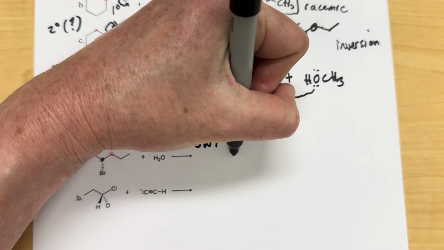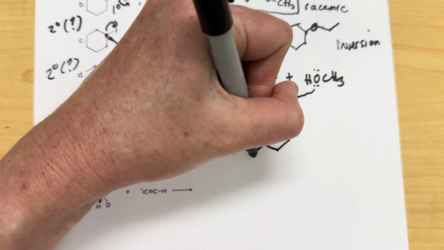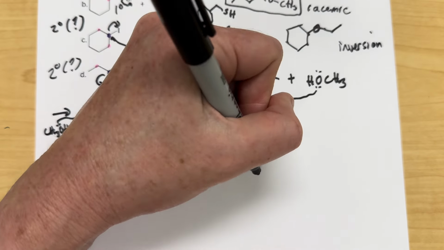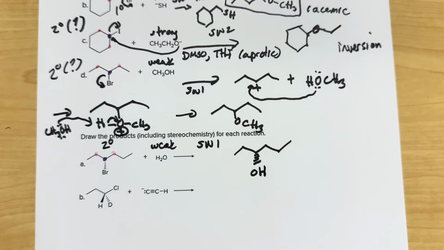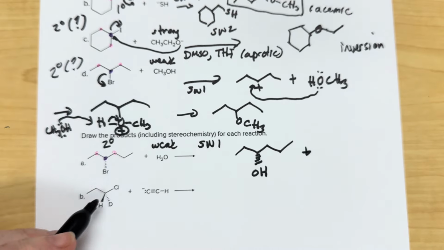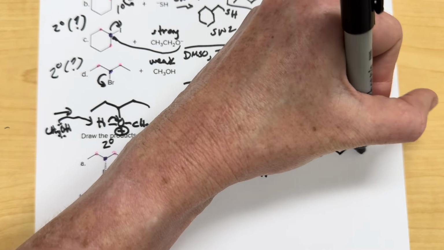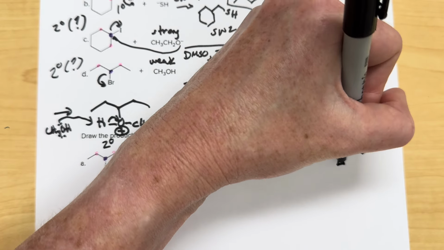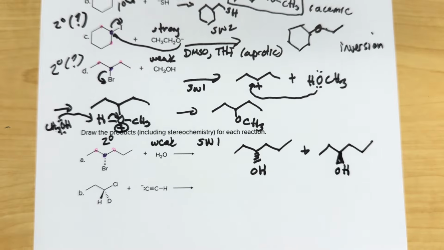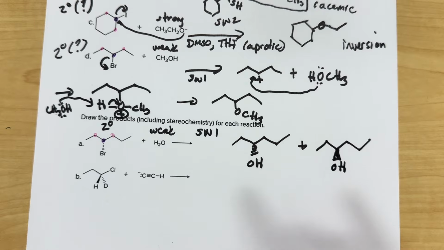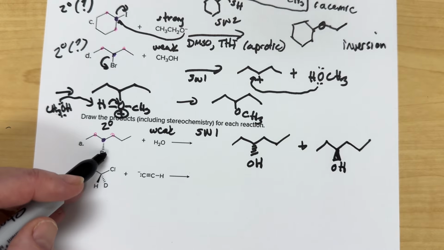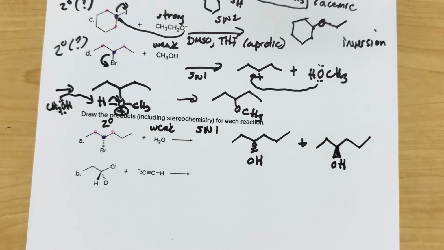So you will get, I'm going to save a little time because it's only asking for the products, an OH there because the water will join and then the water will come back and grab an H+. And you'll get an OH there. Right? So wedge, dash, you'll get the racemic mixture. Again, that's because the bromide left, so it can attack from either direction.